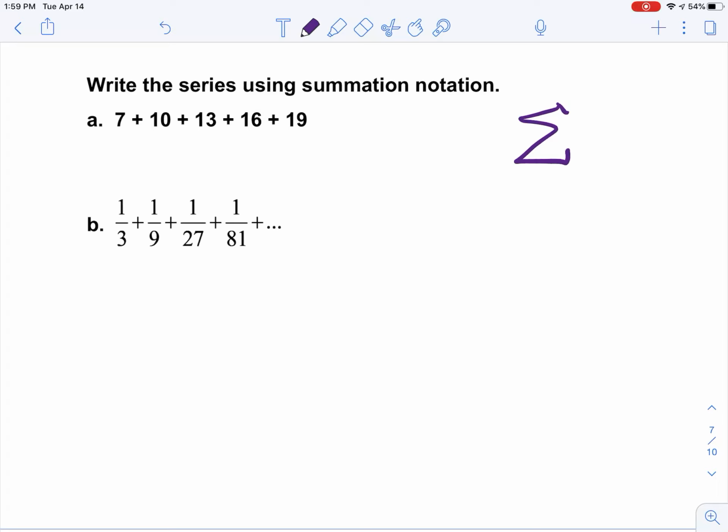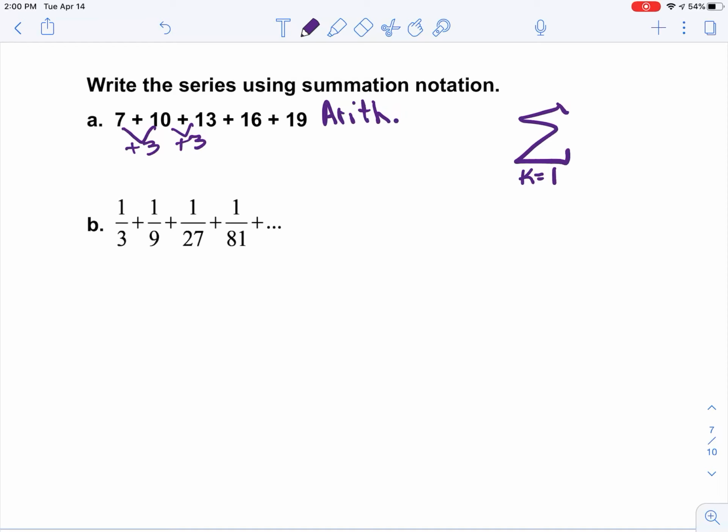And you can do an i equals, you can do an n equals, you can make it k equals, and we're going to start with 1. I'm just using a k because I don't want you to get used to seeing the same letter. So on this one, let's see if it's arithmetic or geometric. I would add 3, add 3, so I know it's arithmetic.